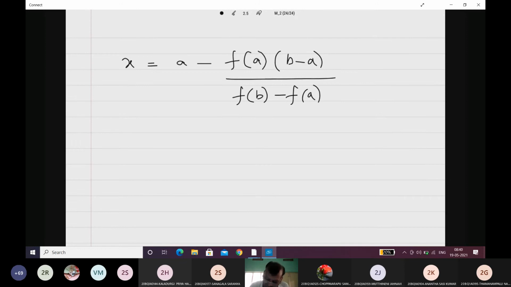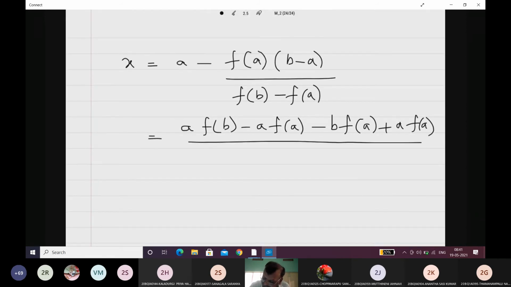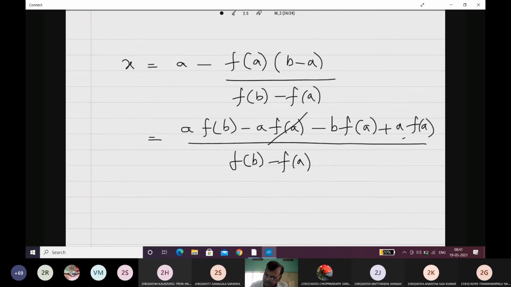Now let us take the LCM and simplify. That is equal to numerator a into f of b minus a into f of a minus b into f of a plus a into f of a, whole divided by f of b minus f of a. f of a gets cancelled.